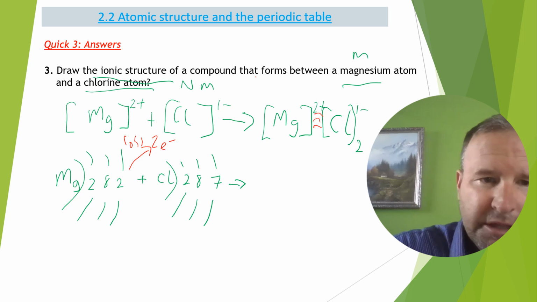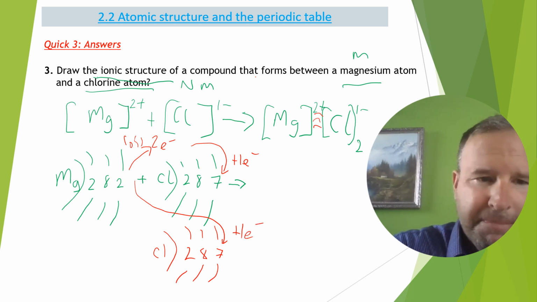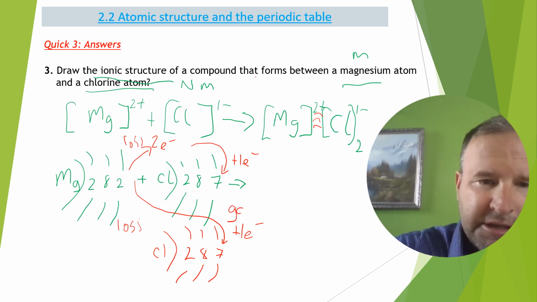But you know that they'll go here, so that'll be plus 1 electron. There'll be another chloride ion hanging about that it can give the other electron. Remember, we're not just looking at one of each, there's a lot of them. And then we get the second electron here, plus 1 electron being deposited here. So the magnesium loses 2 electrons, and the non-metals gain 1 electron each.